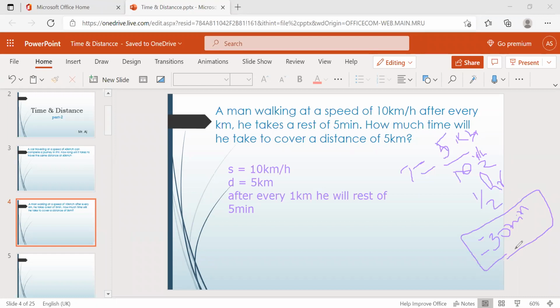But it is not our answer. What they are saying is additional information: after every 1 kilometer, he will rest for 5 minutes. That means, suppose he started here. So 1 kilometer, 2 kilometers, 3 kilometers, 4 kilometers, and the 5th kilometer.